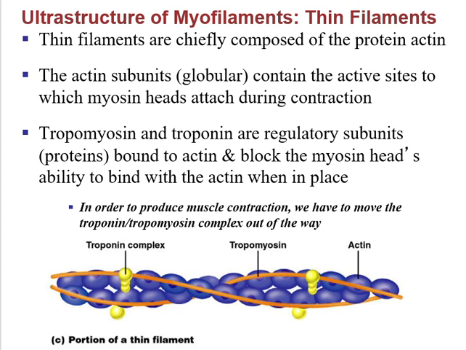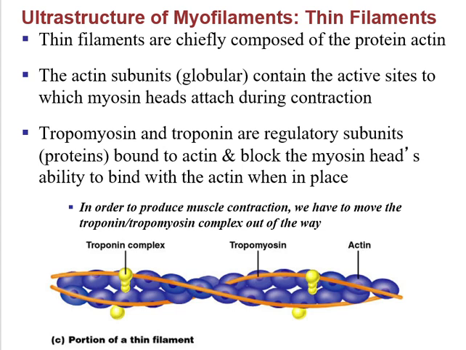And when they don't bind calcium, they block the myosin head on the myosin thick filament from binding to the actin active site. So as long as troponin and tropomyosin are arranged around the actin active site, you can't form a myosin-actin cross bridge. It doesn't matter if contraction could happen, it can't with troponin and tropomyosin in the way.